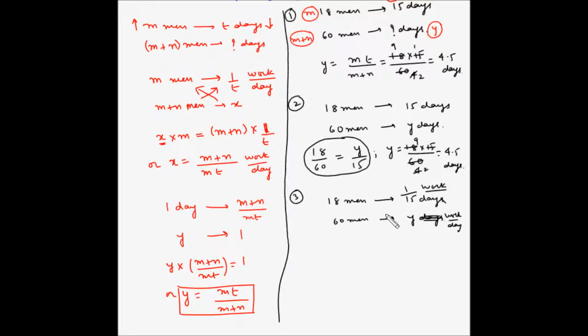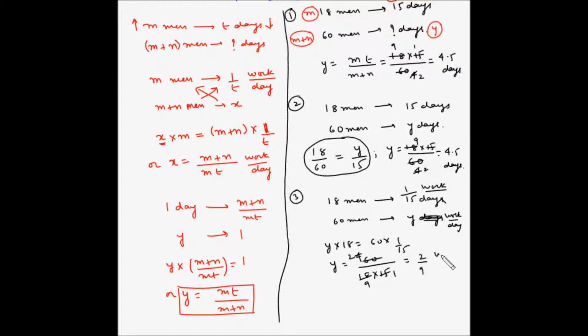Now this is a direct relationship, so we can do cross multiplication. So y multiplied by 18 is equal to 60 multiplied by 1 by 15, or y is equal to 60 divided by 18 multiplied by 15. This is 4, this is 1, 2 by 9, so this becomes 2 by 9.